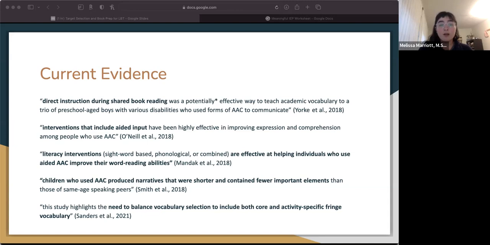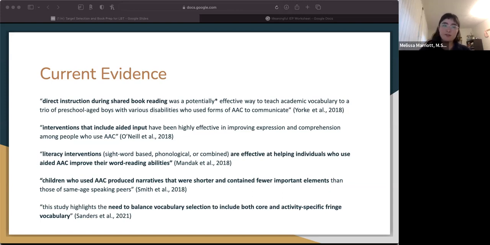We know, obviously, that children who use AAC produce shorter narratives than their speaking peers. So for sure, that is an area of need. But there's also growing evidence to suggest that including aided input or modeling, whatever it's going by these days, improves not only expression, but also comprehension, which is relevant to the shared reading context as well.